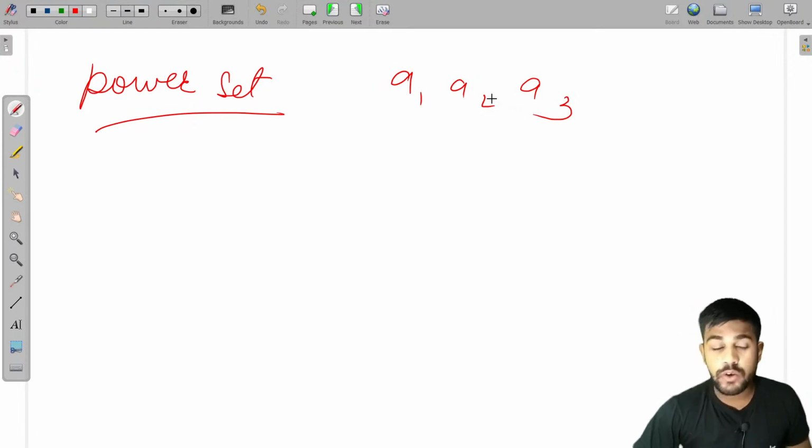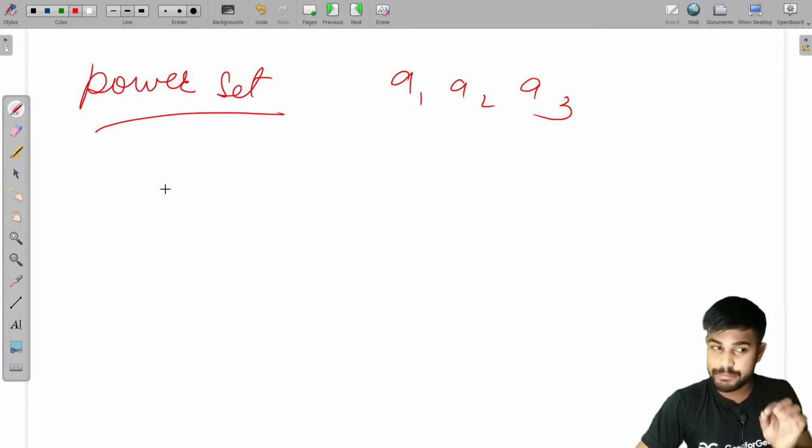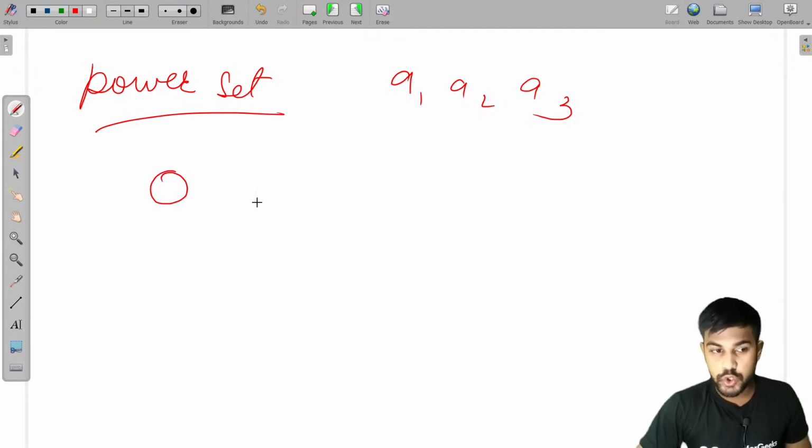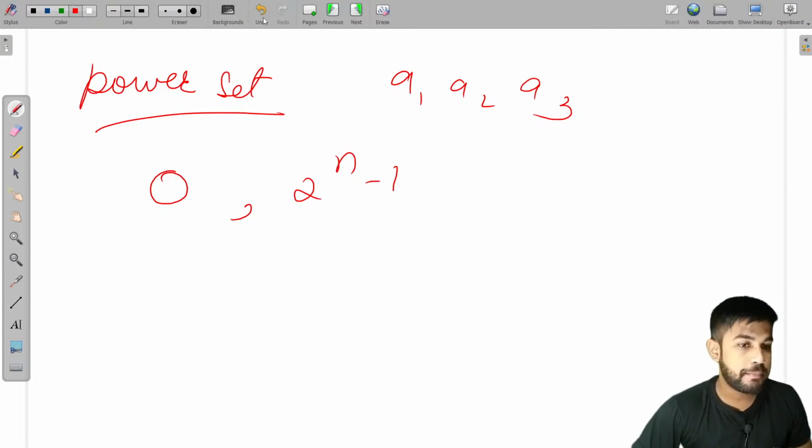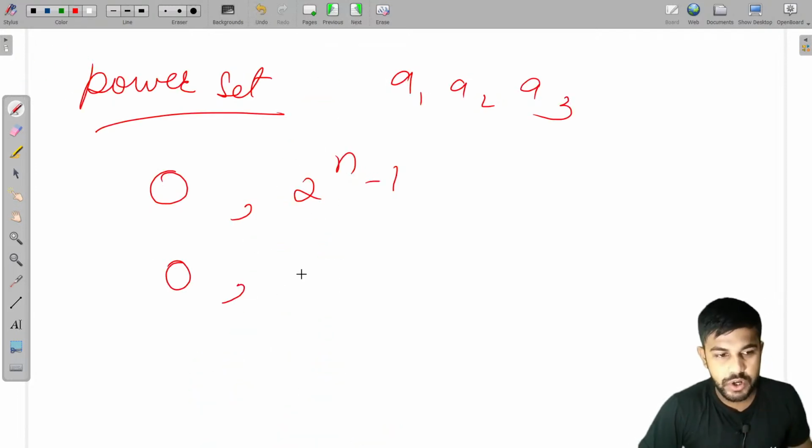The possible combinations would be the number of set bits from 0 to less than 2 to the power n, minus 1. What I am trying to tell you, I am showing you. Suppose we have from 0 to 2 to the power n minus 1. For n = 3, 2 to the power 3 is 8, so from 0 to 7 itself.